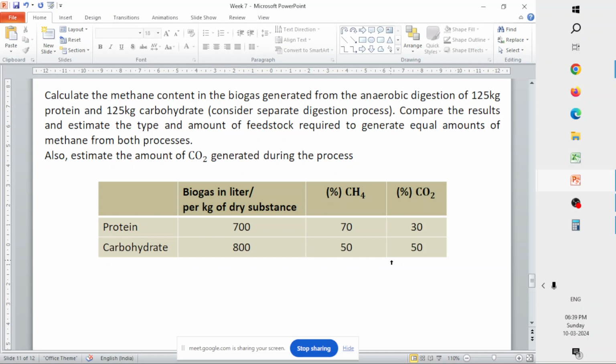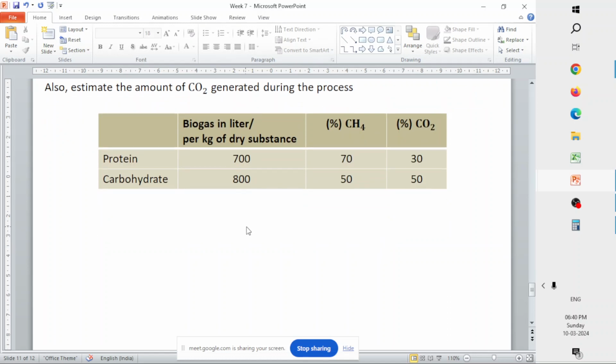In case of protein, 700 liters of biogas is generated for 1 kg of protein undergoing digestion, out of which 70% of the biogas will be methane and only 30% is going to be carbon dioxide. Whereas in case of carbohydrate feedstock, 50% carbon dioxide is going to get emitted. So let's just solve the problem.